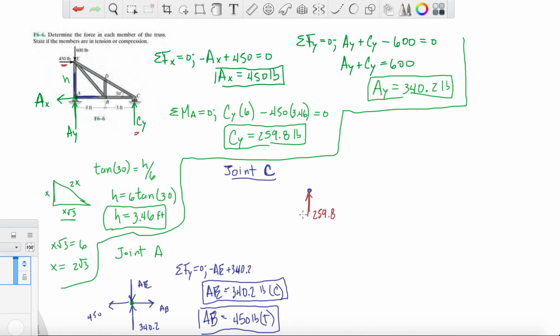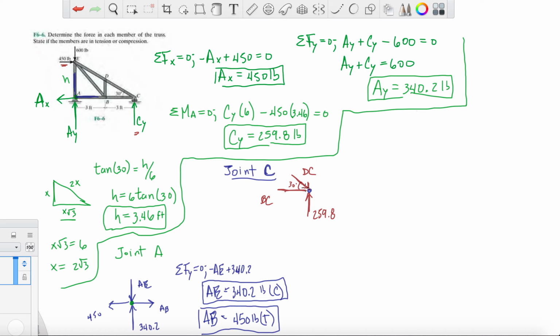Then we have member BC, we don't know directions, and member DC, and we know that angle is 30. Okay, and again, before you make any crazy assumption, you know DC is going to need to go down, so it's going to be in compression.